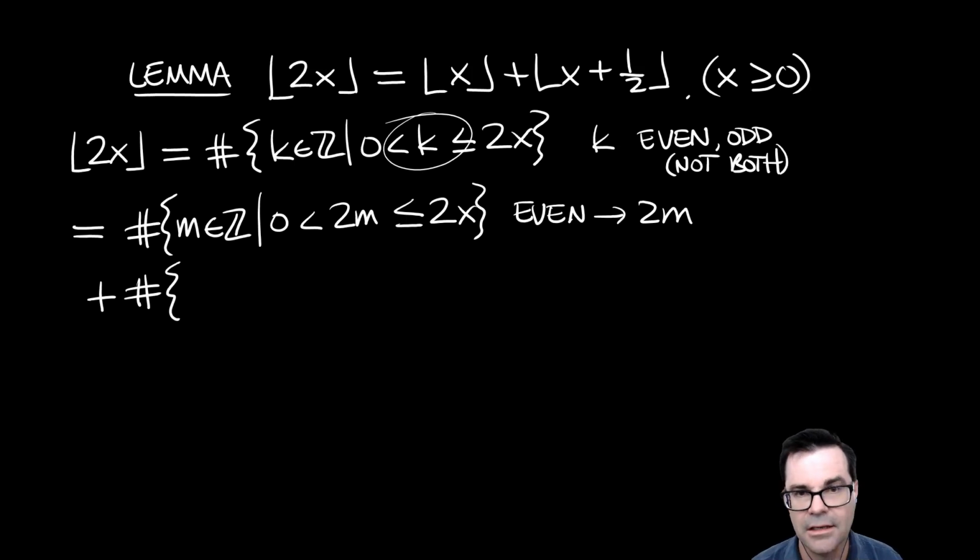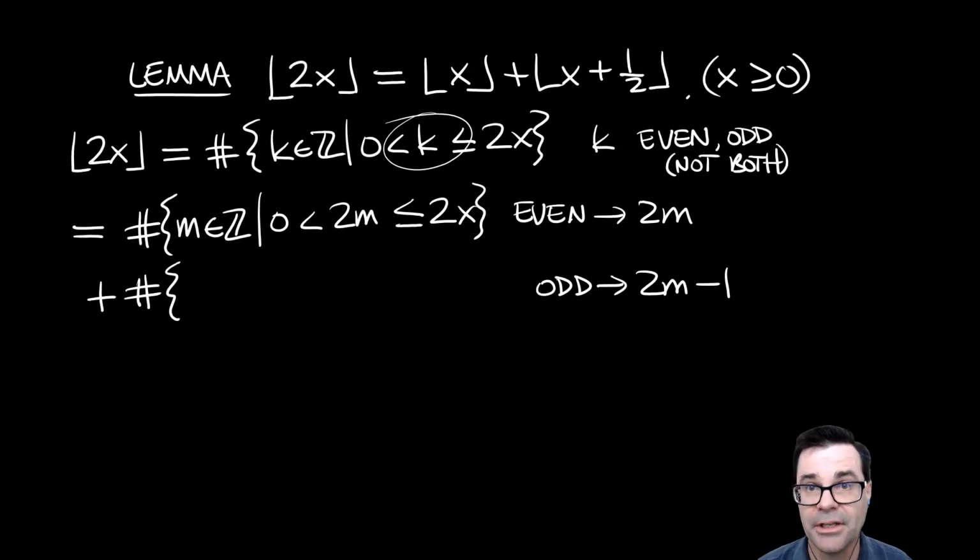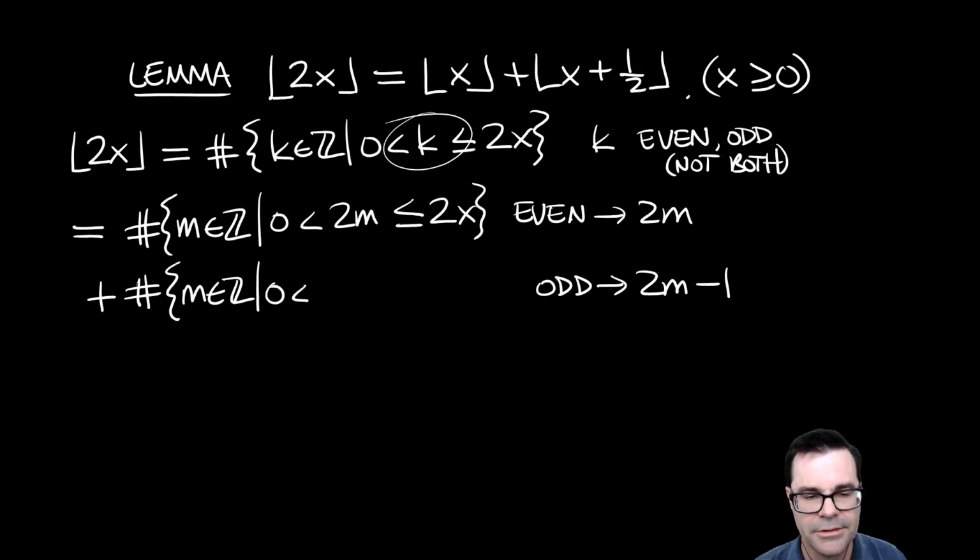Well, how many odds are there? Well, every odd integer has the form 2m minus 1. Now, you're probably used to it saying that it has the form 2m plus 1, which is true, but I can also say 2m minus 1. So that means if I want to count the odds, I can count all the integers m such that 2m minus 1 is positive and less than or equal to 2x.